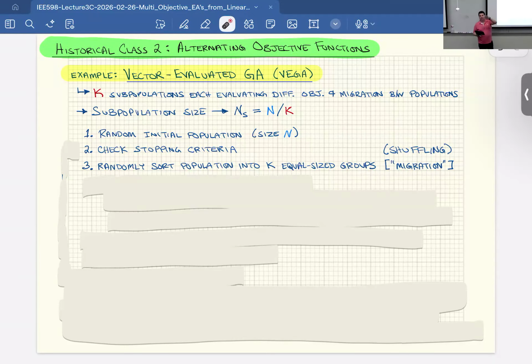You could do that for the whole population, or what this one does, vector evaluated GA, VEGA, it creates subpopulations every generation. Imagine that we're starting to get into an idea which almost feels like niching, where if we have K objectives, we create K subpopulations, and every subpopulation focuses on one of those objectives.